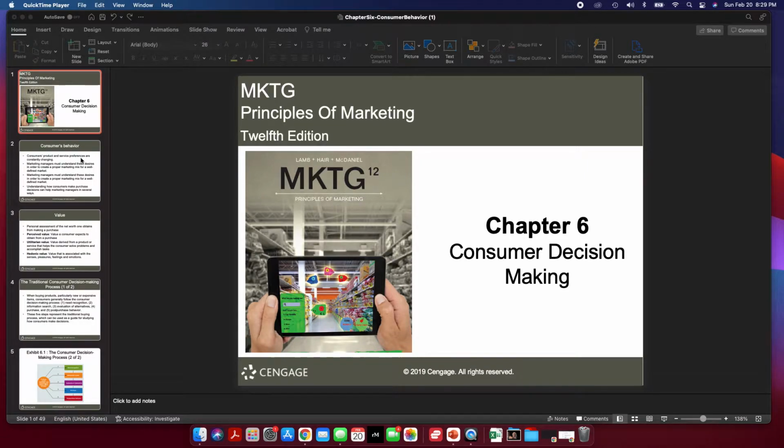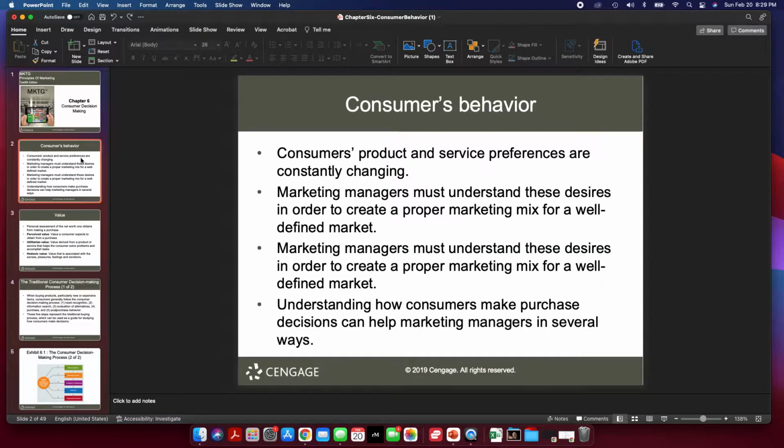So what is consumer behavior, right? Consumers' product and service preferences are constantly changing. So marketing managers must understand these desires in order to create a proper marketing mix for a well-defined market. We talked about this in class. We talked about changing that marketing mix to make it more appealing to consumers.